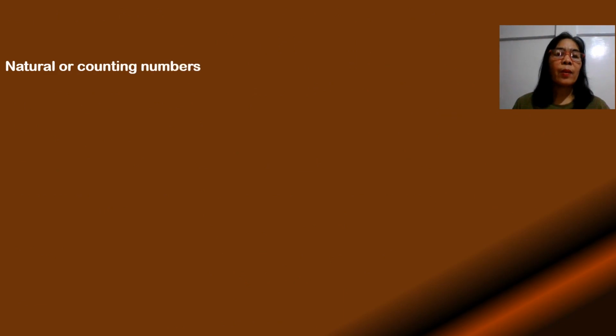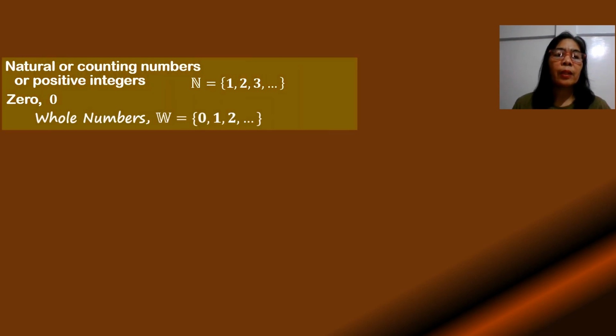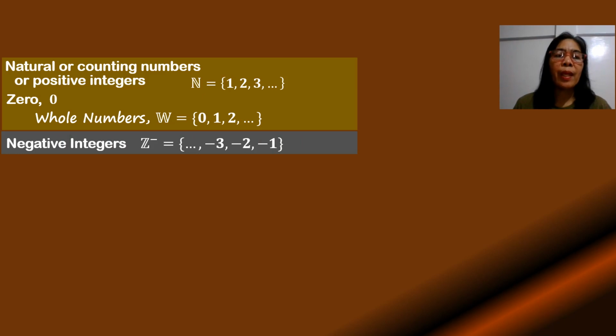So we just learned the set of natural numbers or counting numbers or the positive integers. We have N, the set of the numbers 1, 2, 3, 4, and all the other counting numbers. Then we have 0, and the set containing 0 and the counting numbers is what we call the set of whole numbers. Then we learned about the negative of our counting numbers.